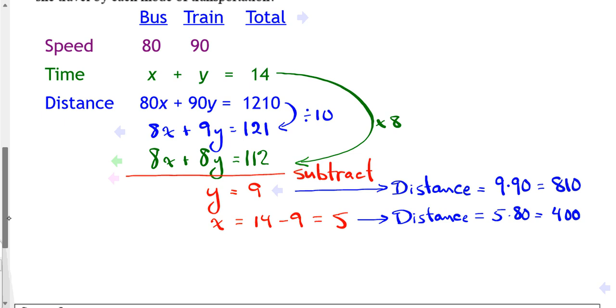So once I go through and solve for x and y, I need to remember those are times, and in order to find distance, I need to multiply a time times a speed. If I do time multiplied by the speed, as in hours times kilometers per hour, it's going to give me a distance, which will be in kilometers.